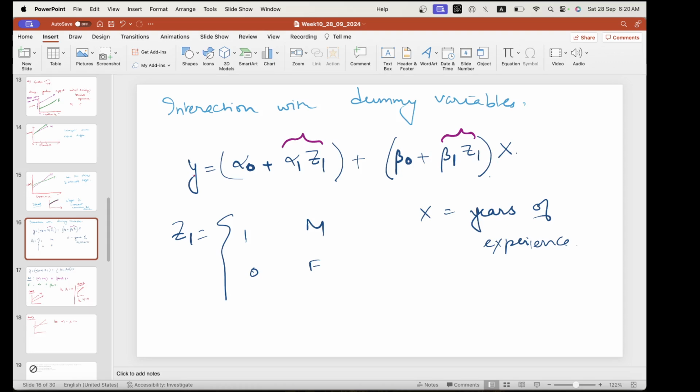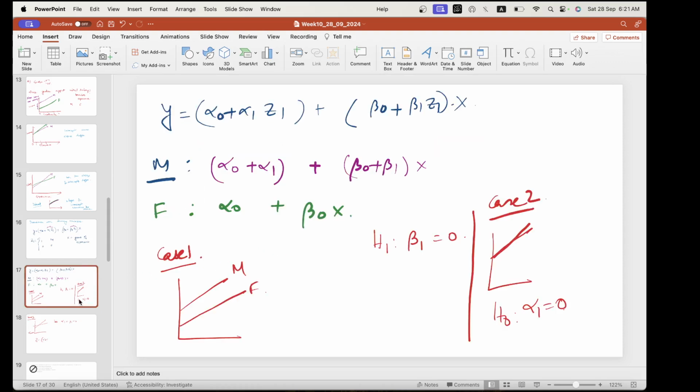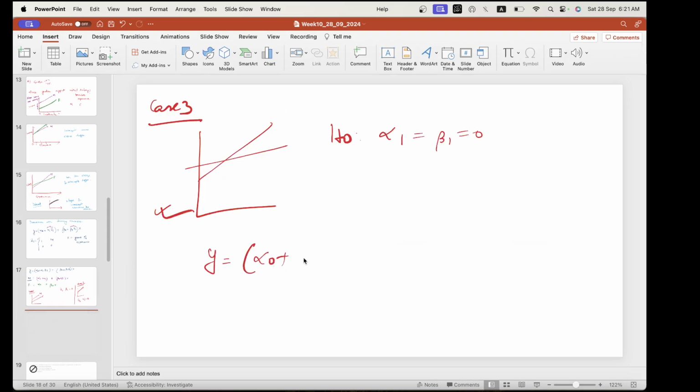Okay, so in case we have this situation and the final model is something like this: alpha naught plus alpha 1 z1 plus beta naught plus beta 1 z1 into x.